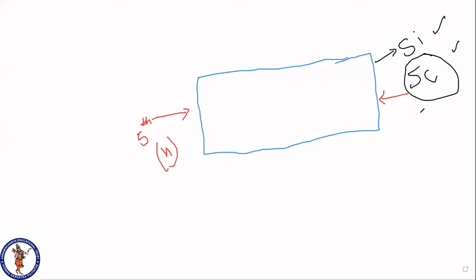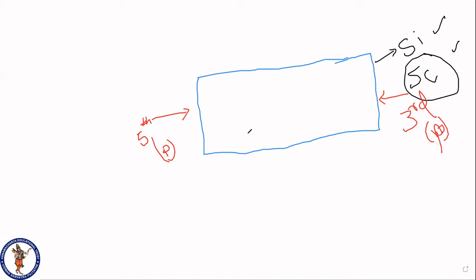On the other side, third group elements are used for doping, which is nothing but P type, where the majority carriers are holes.